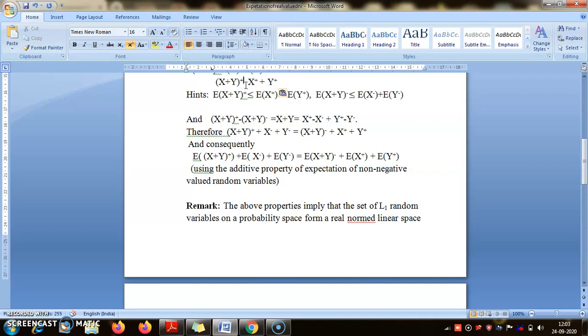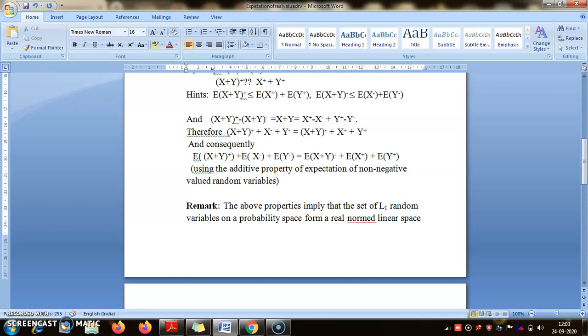Inequality, less than or equal to, greater than or equal to, what? So that is something I am leaving as a question mark. For that, again you will have to look at what is (x plus y) plus. It is equal to the maximum of x plus y and 0.